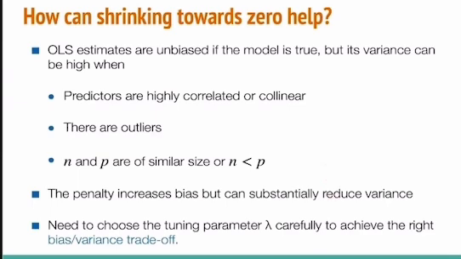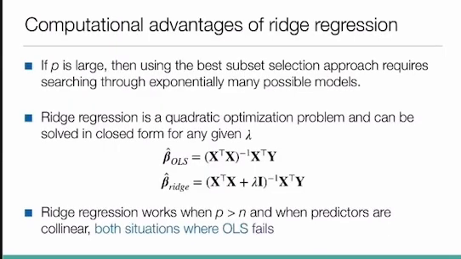Now let's go into the computational advantages of Ridge regression. Ridge actually has an edge over the subset selection that we did the other time. In all subset selection, we have to go through all models, which is computationally expensive.